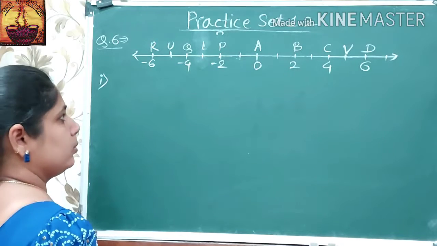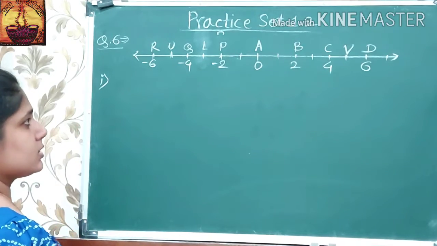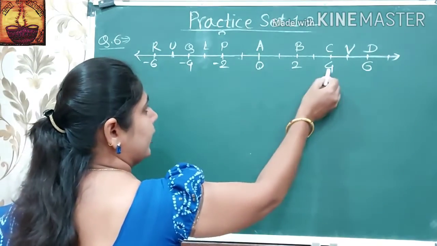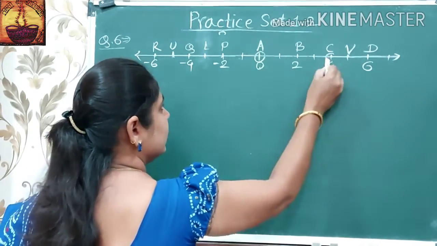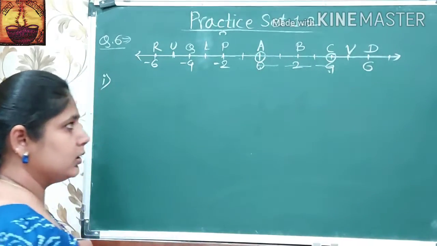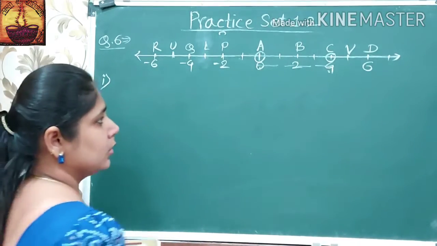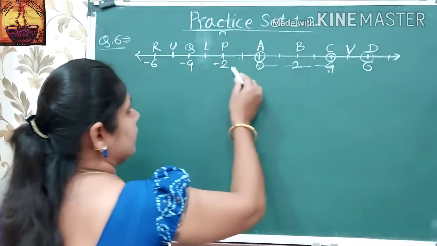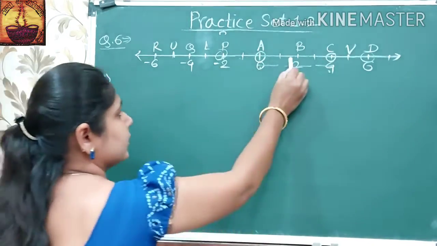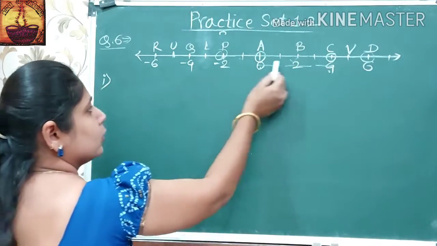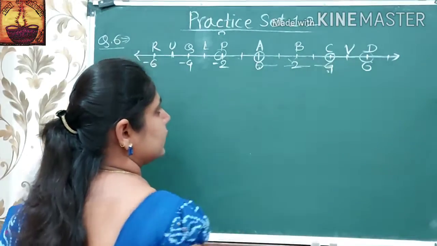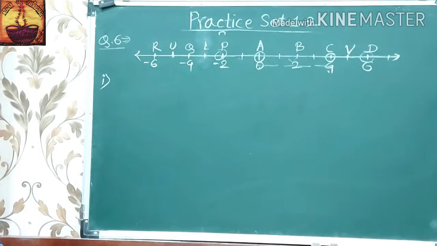Therefore, the points equidistant from point B are point A and point C. Points A and C are at 2 units distance from B, as well as point D and point P are also at equal distance from point B, at 4 units, 1, 2, 3, 4, and it is also 4 units distance from point B.